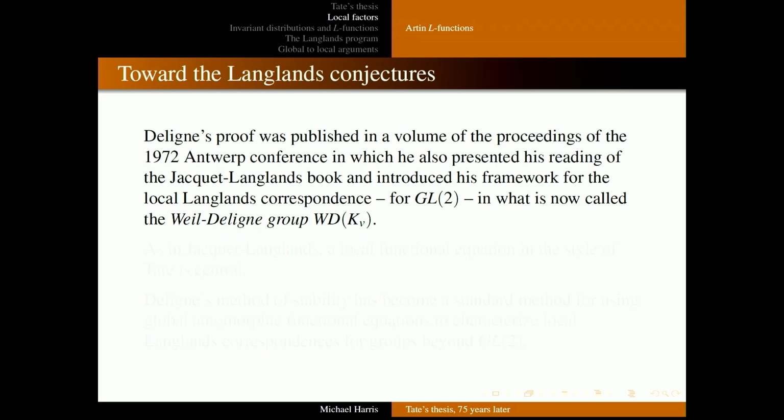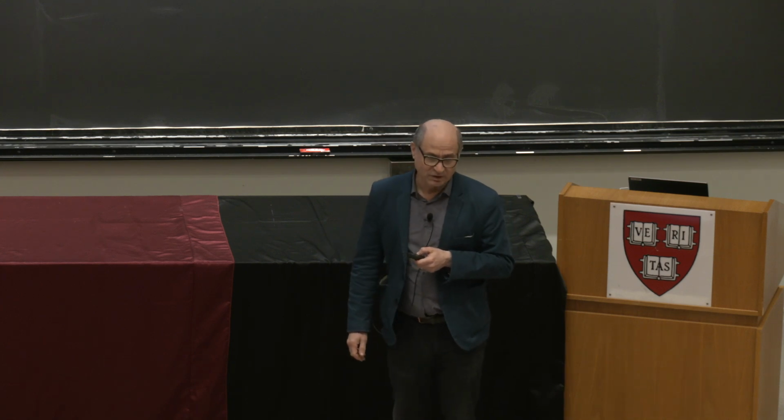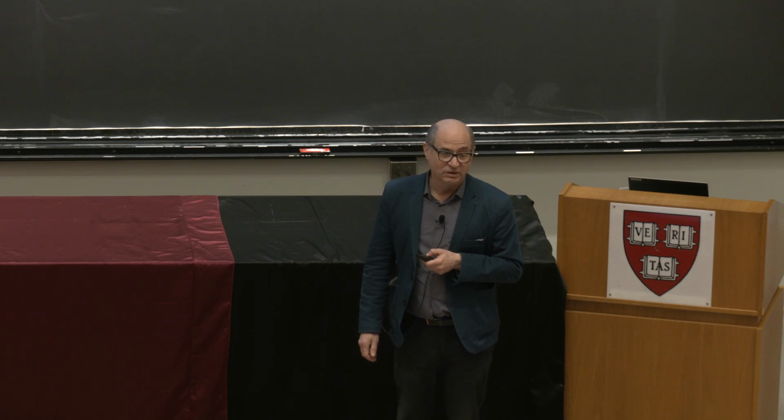Deligne's proof was published in a volume of the Proceedings of the 1972 Antwerp Conference. He also presented his reading of the Jacquet-Langlands book and simplified some of the arguments, and his framework for the local Langlands correspondence for GL2.